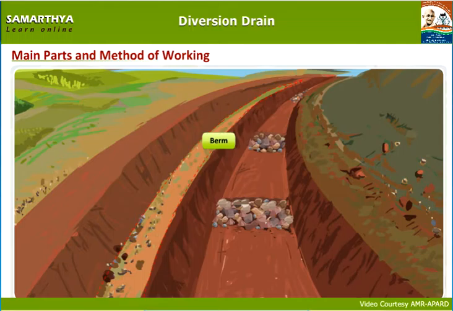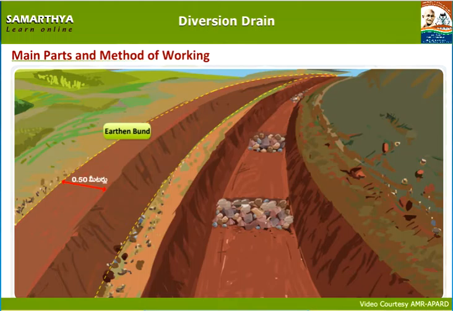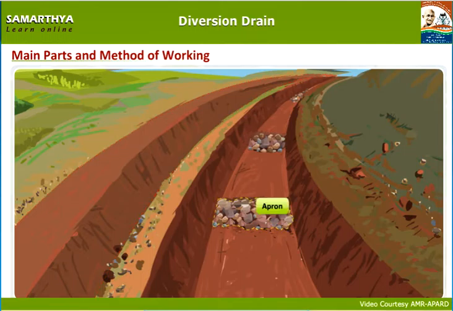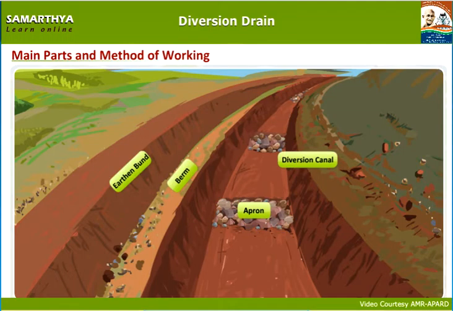Berm with 0.6 meters length. Earthen bund of 1.7 meters bottom width, 0.5 meters top width and 0.6 meters height along the diversion canal. Apron to prevent erosion of the bottom of the diversion canal where there are deep curves in diversion canals.